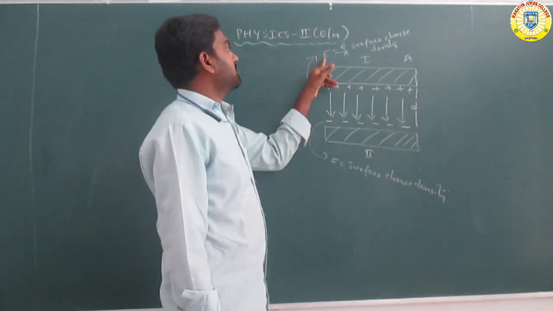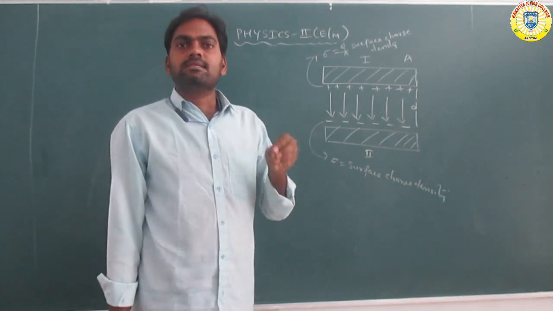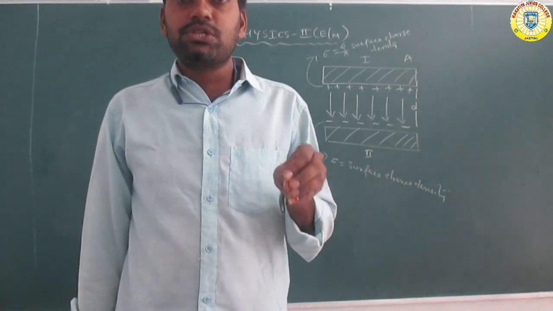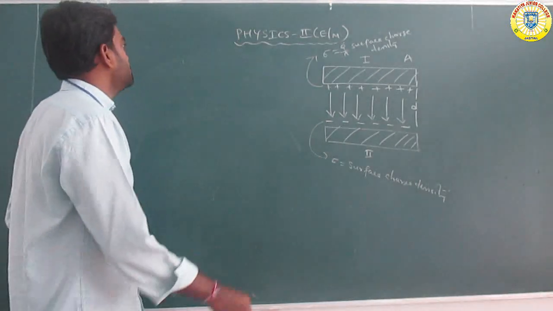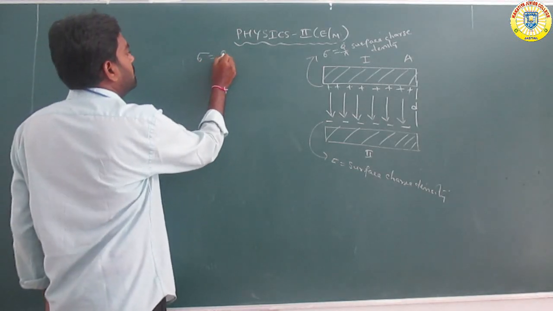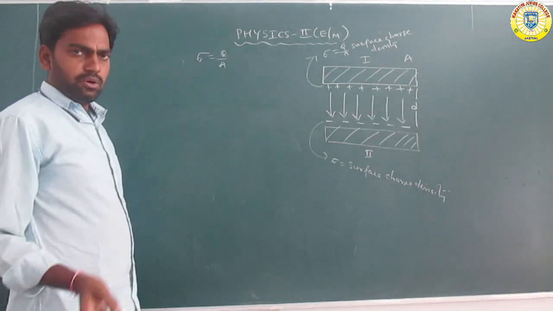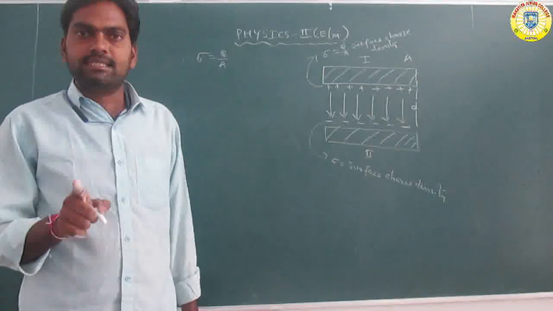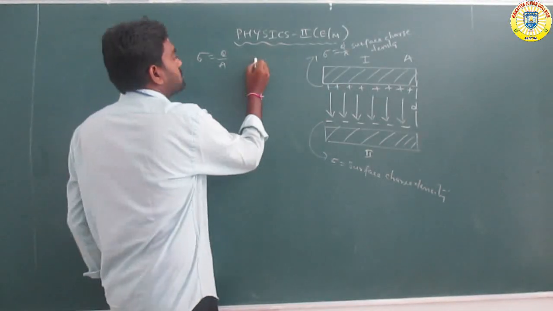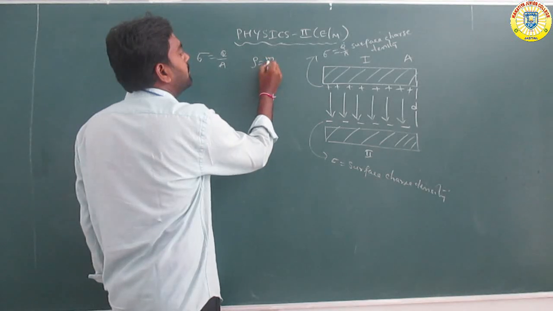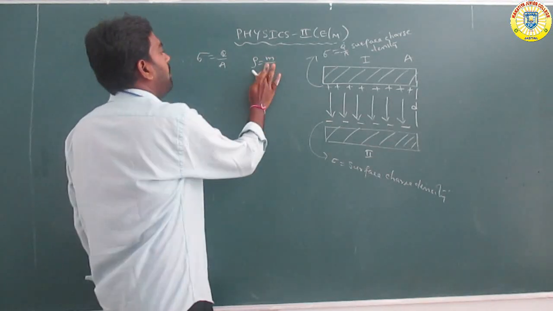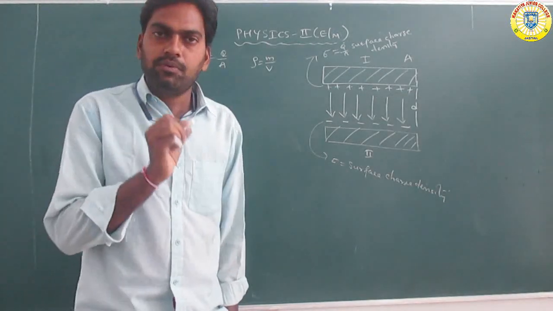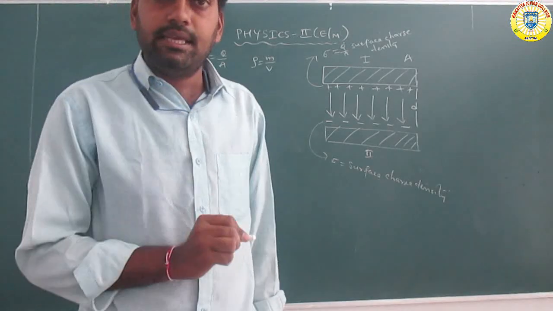Now sigma is called the surface charge density. Surface charge density means sigma is equal to Q by A, where Q is the charge. For example, in the general equation, density rho is equal to mass by volume, that is mass per unit volume is called density.